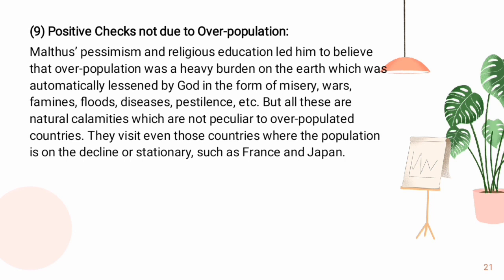So nangyayari nga yung mga ganun kahit sa sakto lang na populated country. Ano pa kaya dun sa overpopulated, diba? So, sobrang negative ng approach of the Malthusian theory. So, hindi talaga siya for generalization theory, something na pwedeng ma-apply sa lahat ng country. So, hindi siya for economic for all. Siguro for specific country lang or specific community.